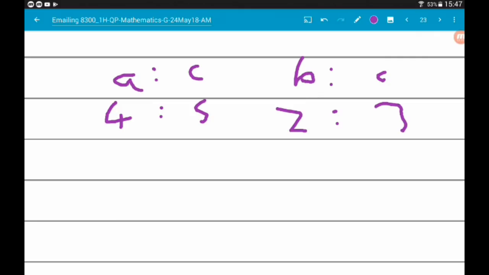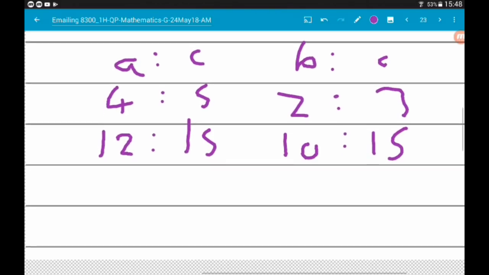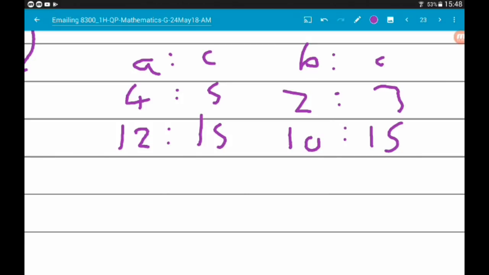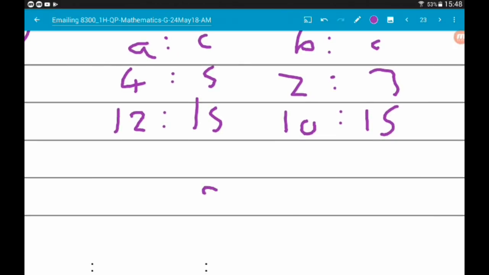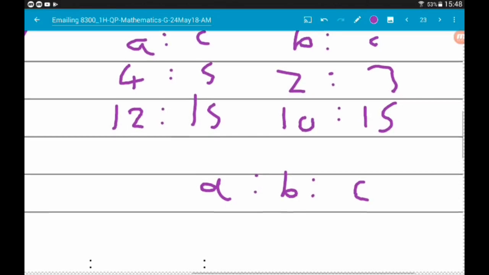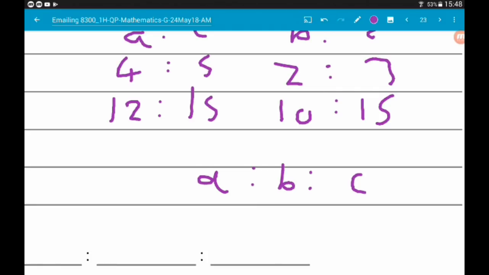To turn 5 into 15, we multiply by 3. So A to C is 12 to 15. And for B to C, to turn 3 into 15, we multiply by 5. So we get 10 to 15. Now that the C parts are the same, we can say that A to B to C is 12 to 10 to 15.